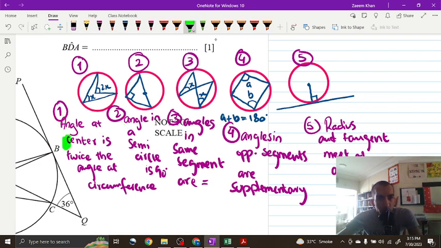This has something to do with center, C, semicircle, S. Same segment, S. T doesn't really help. Or we can use twice.